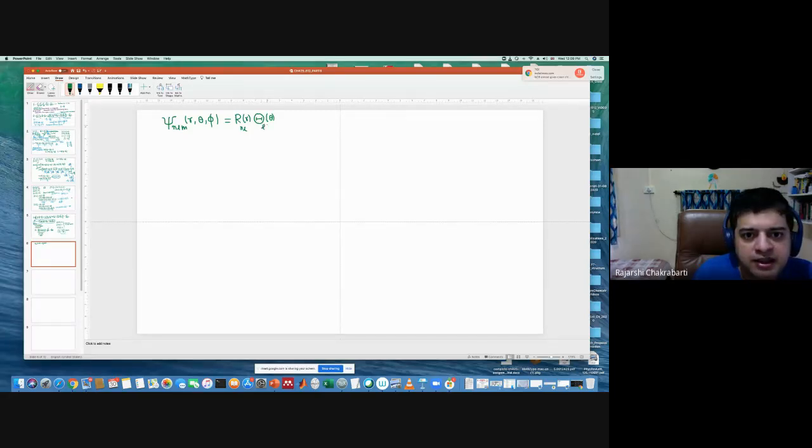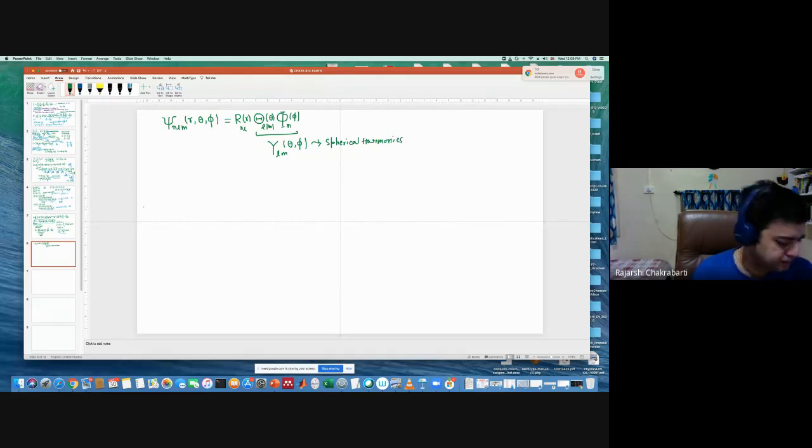It depends on L as well as the magnitude of m. And then you had this capital Phi, a function of small phi. This depends on m. Remember this structure. If I combine these two, what I get is the spherical harmonic, a function of L, m, theta and phi. You can go and check your notes. Okay, is this fine?